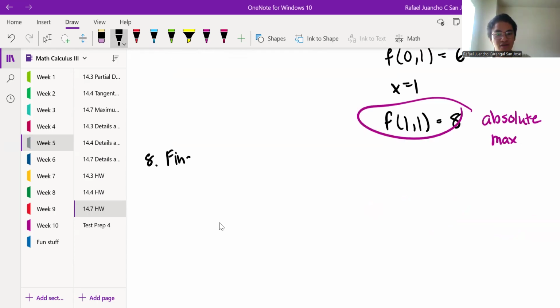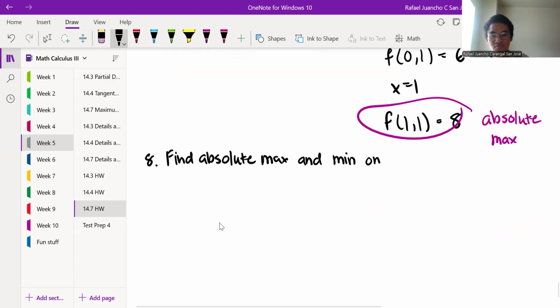So we want to find the absolute max and min of a function. We'll specify that's function f on some set we'll call D, right?